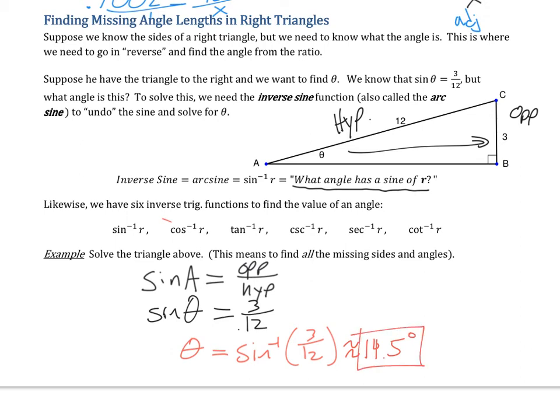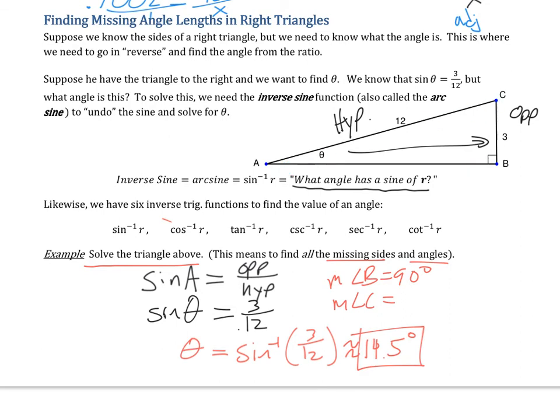Directions here on this one, by the way, were to solve the triangle. Solve the triangle means we want to find all the missing sides and the missing angles. Well, we knew angle B. The measure of angle B is 90. The measure of angle C is going to be the leftover, because these two angles add up to 90, because it's a right triangle.